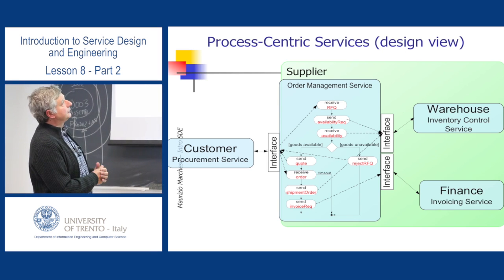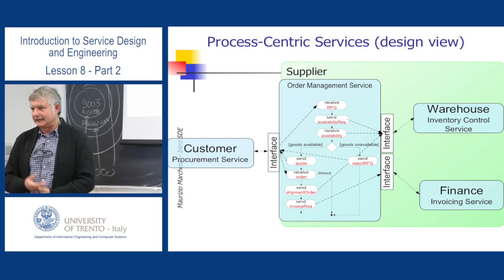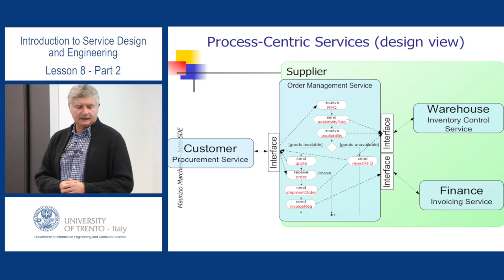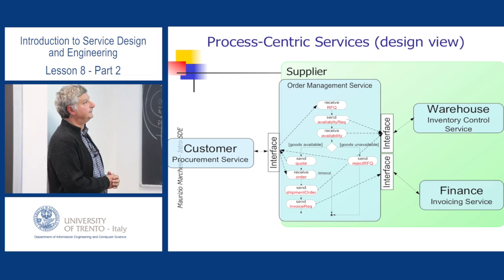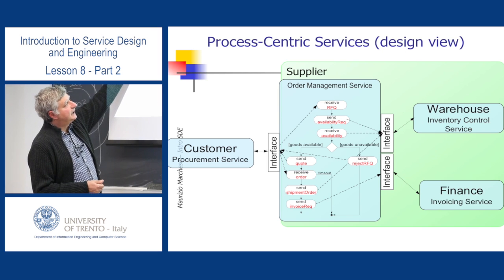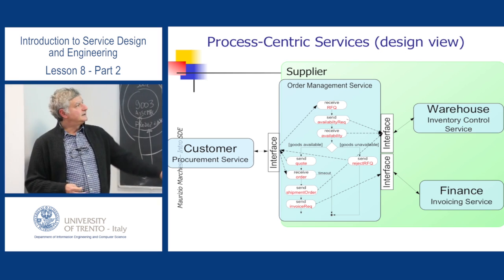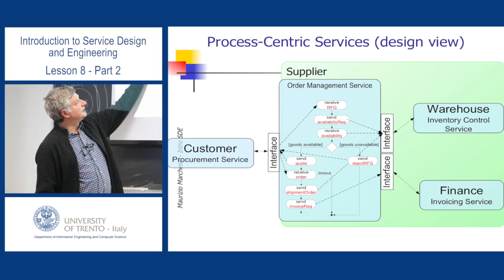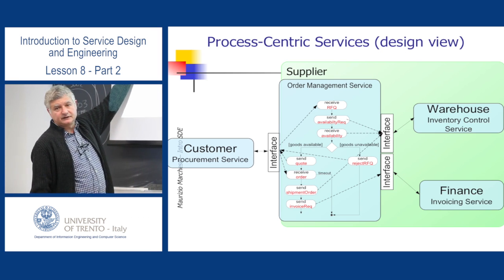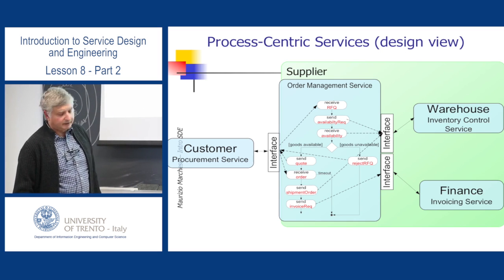In this case, it is the order management of a particular good, which is a standard example in e-commerce, and it goes to the customer. Since we are at the process level service, the user is just a customer, and there is no need to implement any other things on top.